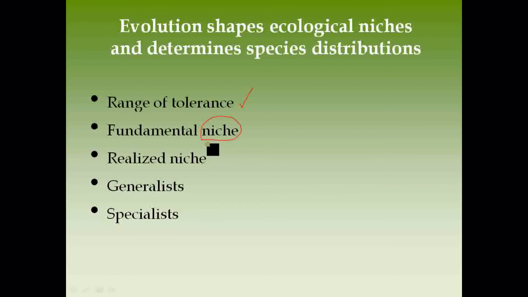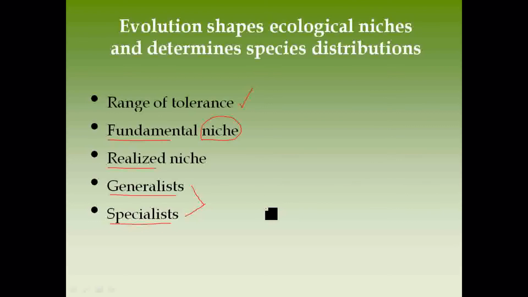But it has a role to play in the ecosystem. That is its niche. Well, there's 2 types of niches, fundamental and realized. And then I want to introduce you for the first time to this concept of species. Species can be talked about in terms of being either a generalist or a specialist.